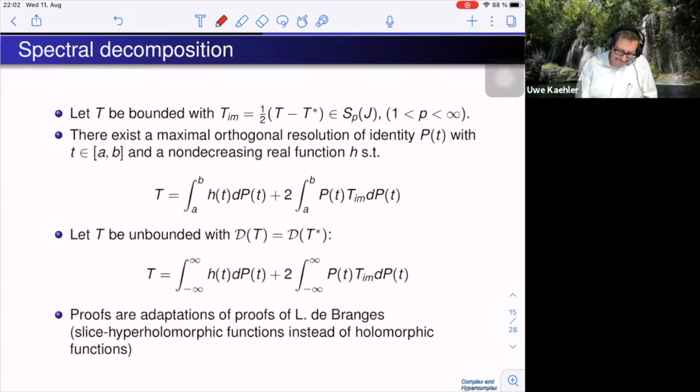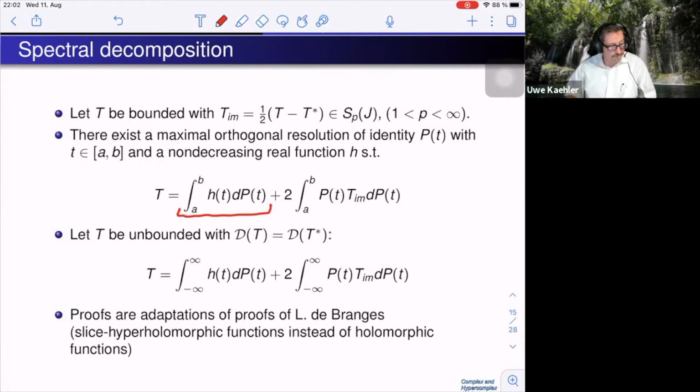Particularly, this part would then be what we actually have, the diagonal part. And if it's unbounded, with T and T star you basically get the whole thing, but then the integration goes between minus infinity and infinity.